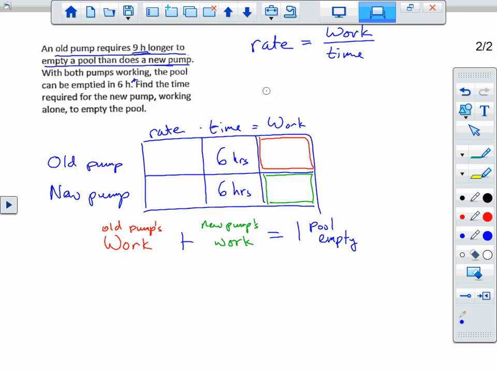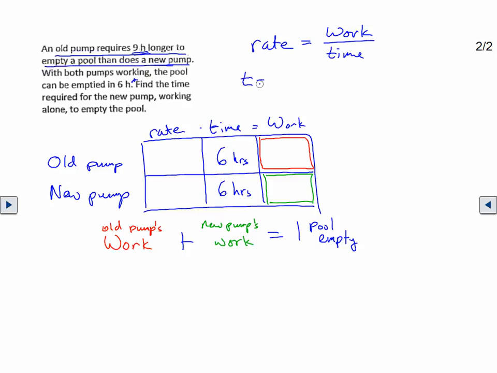So if T equals the time alone for the new pump, right? How long does it take the new pump to completely empty a single pool?